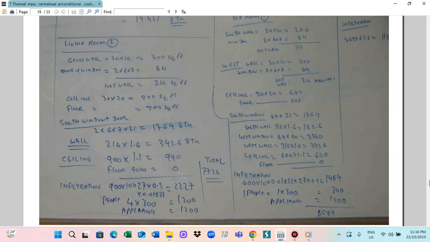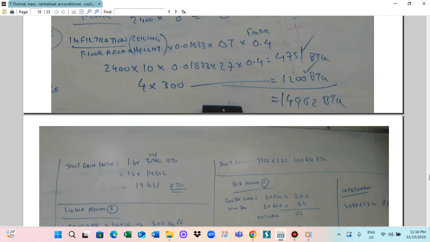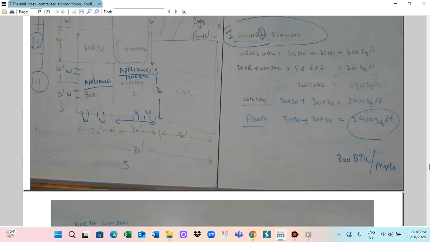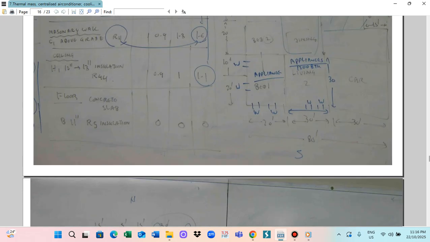And then we also have to calculate the south window and door, because living room 2 door and windows belong to the south side. When you see the table here, the south window and door is here.